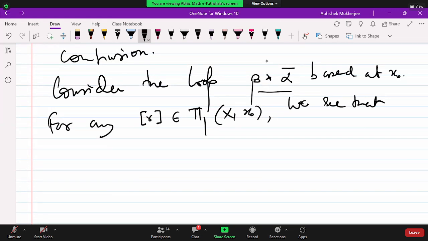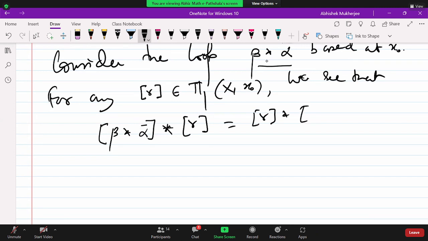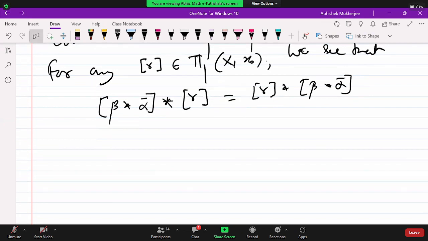So given any loop based at x naught, what is happening? Now, if you just take the assumption that this homotopy class will commute with this homotopy class of gamma, then what is happening here? What is the case? So this implies, so certainly you need to execute some computations here.